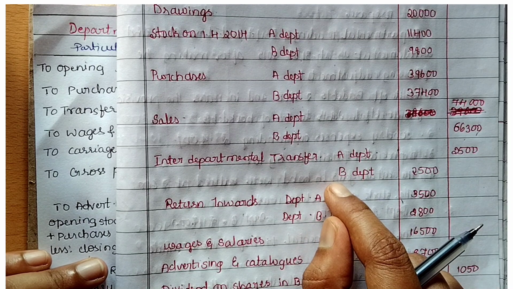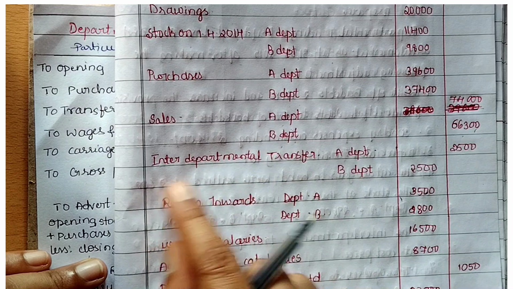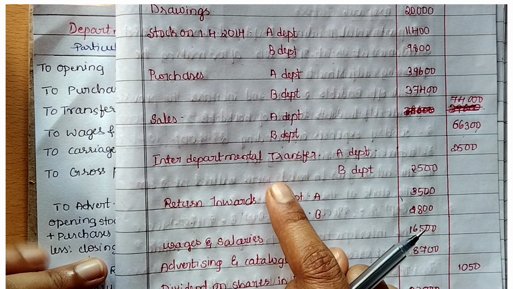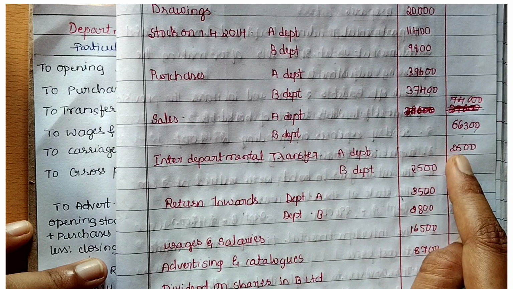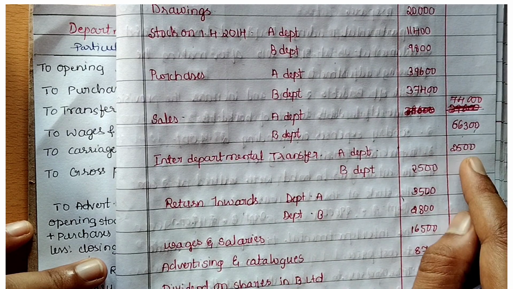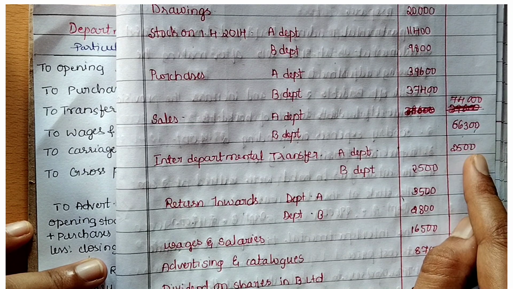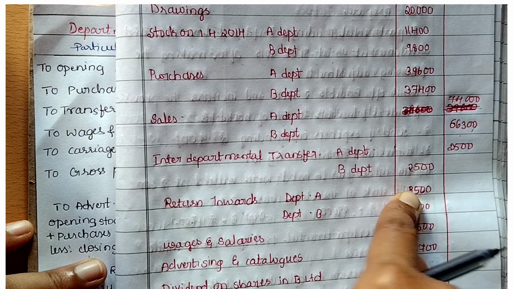Interdepartmental transfer. A department got the credit, which means they have sold, or from this department it is given to the B department.